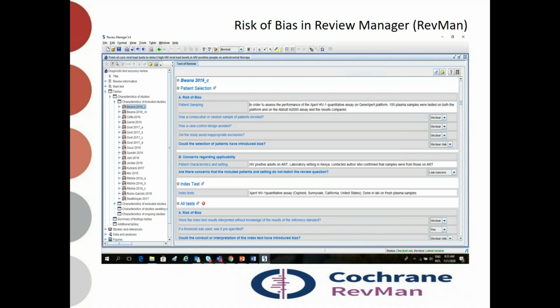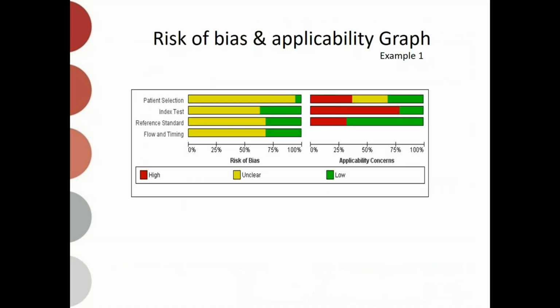This is an example of one of the reviews I'm currently working on, where we extracted information and keyed everything into Review Manager. Now, what you key into Review Manager will automatically generate the risk of bias and applicability graphs. So for this review that I'm currently working on, the risk of bias assessment is largely unclear because most of the items are not well reported.